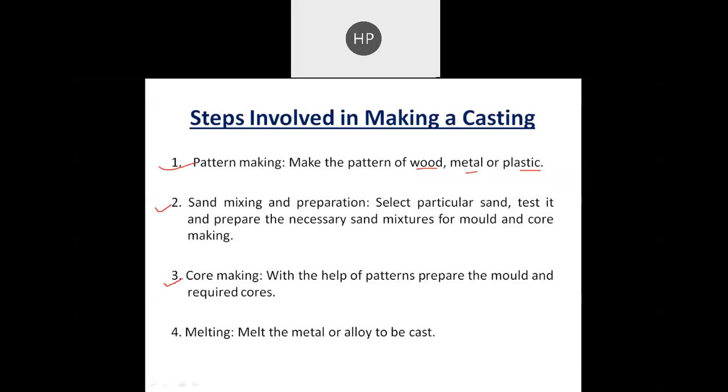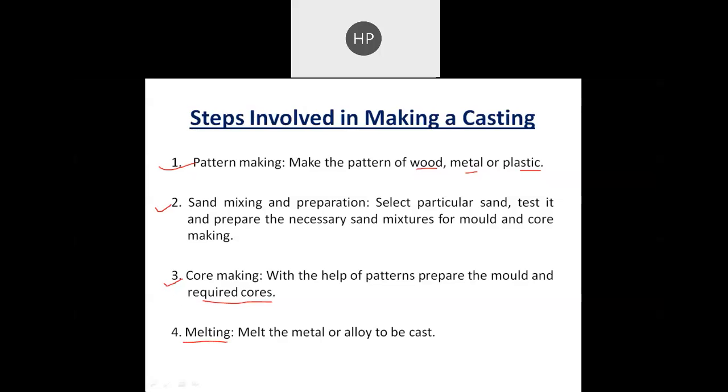Then the third step is core making. If we want to make a hollow cavity or hollow parts or objects, in that case we can use cores. So a core is an important step for making hollow parts. Then melting.